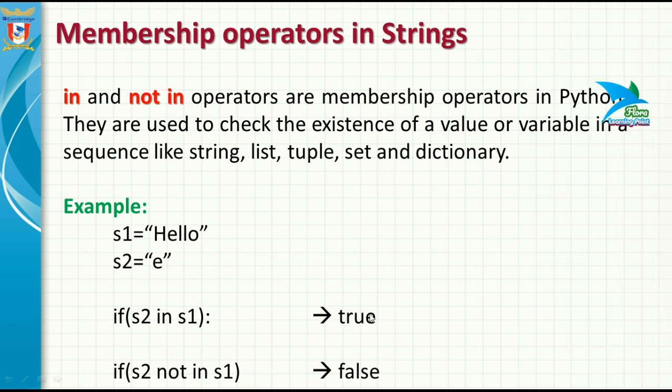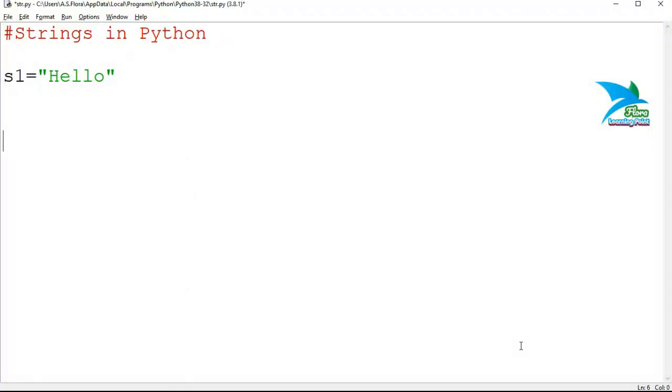If it is found, then the system will return true, otherwise it will return false, and the not in operator will return true if that value is not available. In this case, as the value of s2 is available inside s1, the not in operator will return false.